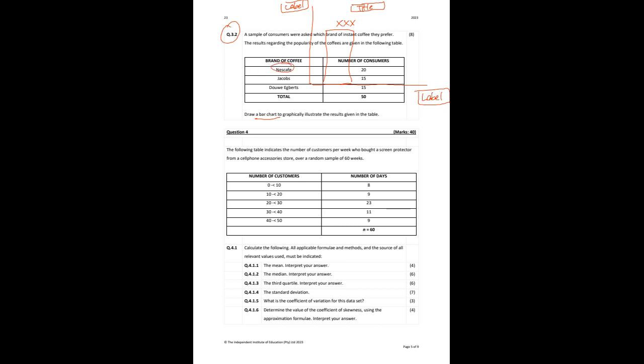So, that's pretty much it when it comes to drawing up your bar chart. Just make sure that you have your title, your labels for your axes, your bars are separated, and your numbers are on your bars, and that would be it for your bar chart.